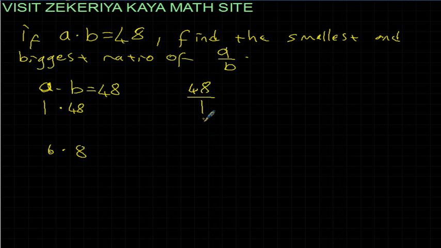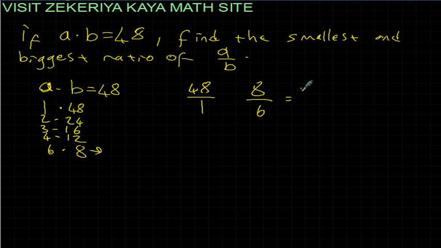To find the smallest ratio, I need to choose numbers which are closer to each other. I can make it 2 times 24, 3 times 16, or 4 times 12, but I must choose the one which has the smallest difference.